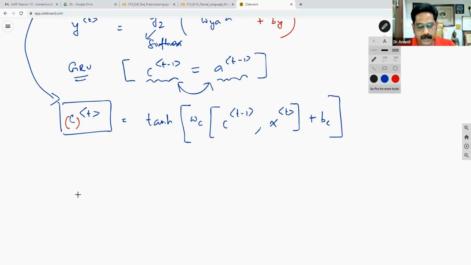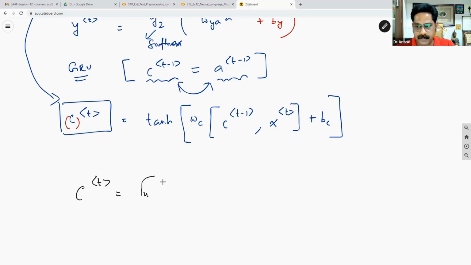They have a component called C of T. They are going to modify the C of T, to indicate this is a gating mechanism. Scientifically this is called a tau symbol, tau suffix U. We will see what this is going to do.